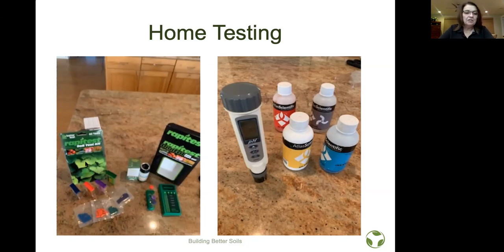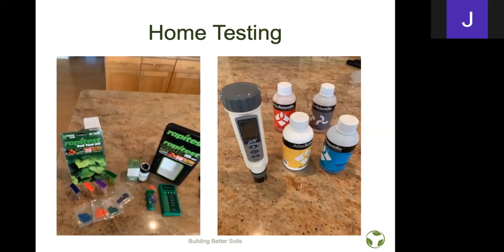So this rapid test here, they're right here in front of me. For the pH tester, all you have to do is put a little bit, can you guys see this that I'm holding up? Yes.